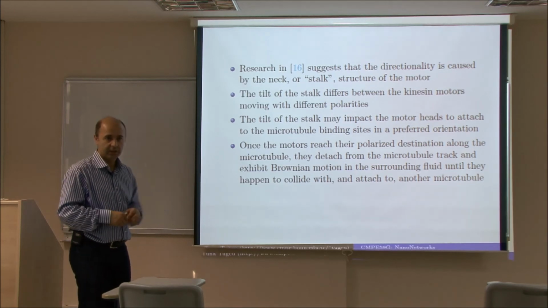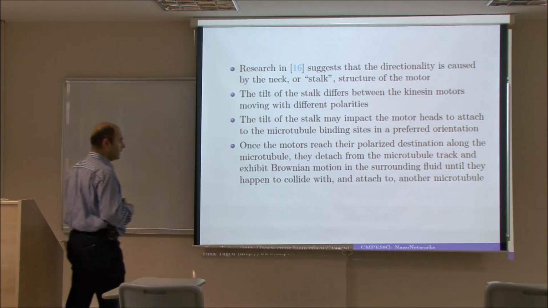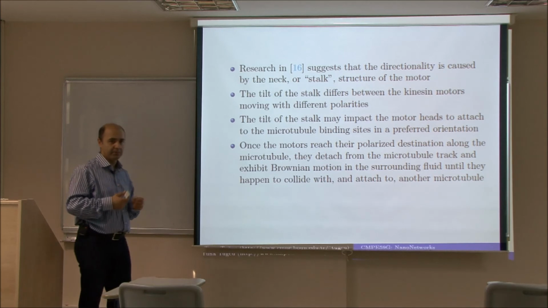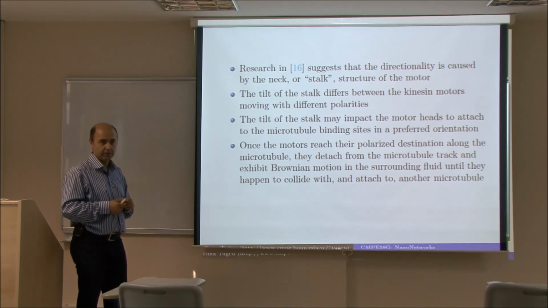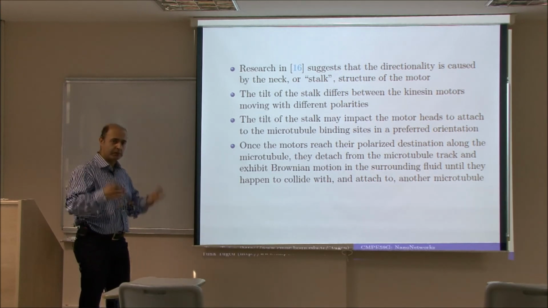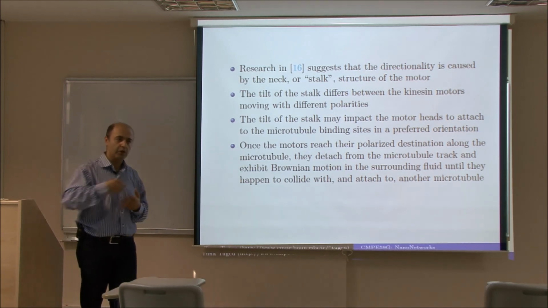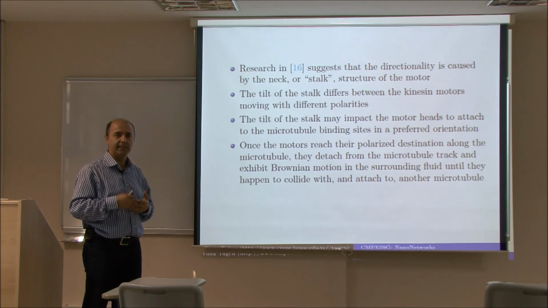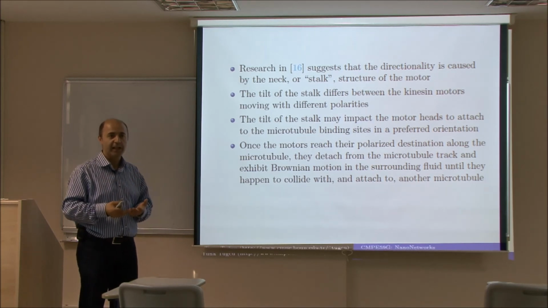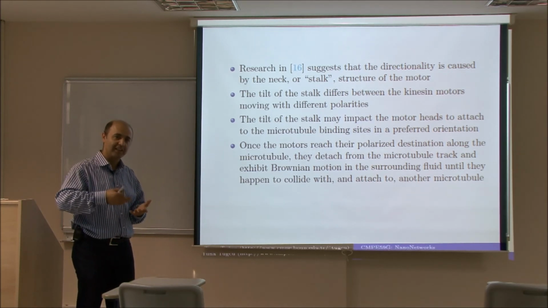But see, all these are actually mostly random processes. So it may start that way, it may be able to carry it all the way to the destination, or it will get detached, but again randomly it will attach to another rail, microtubule rail, and continue its movement.